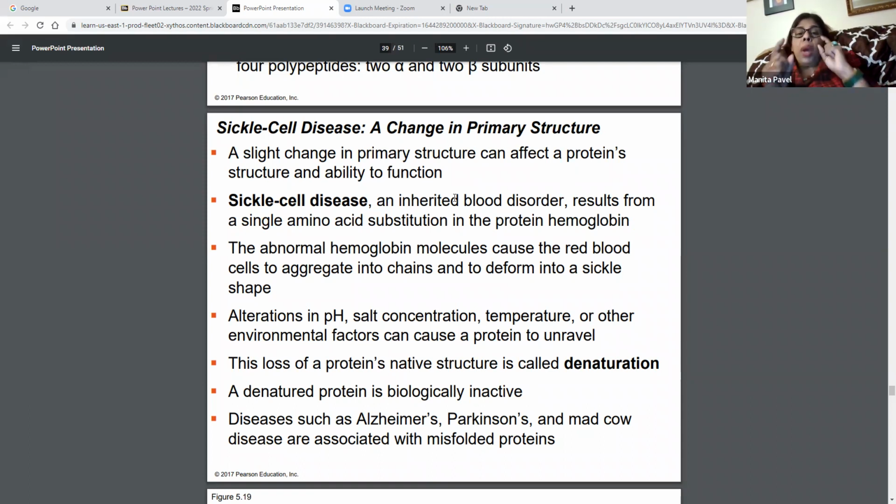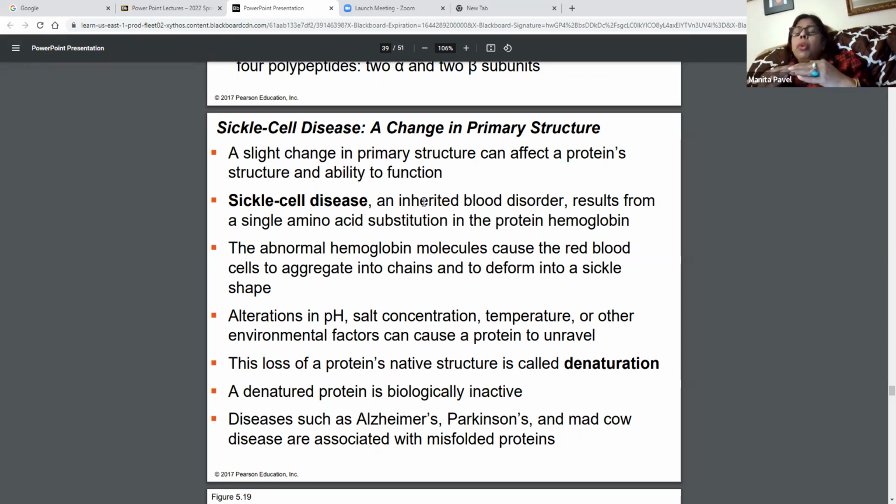And on account of this one substitution, valine with glutamic acid, what happens is these individuals' red blood cells are not normal disc shaped or spherical, they are sickle shaped. And as a result of this, these individuals, they have to go through blood transfusion, etc. They are fatigued, they are in pain, and we'll go into details when I explain to you genetic disorders. So it causes these red blood cells to aggregate into chains in individuals who suffer from sickle cell anemia.